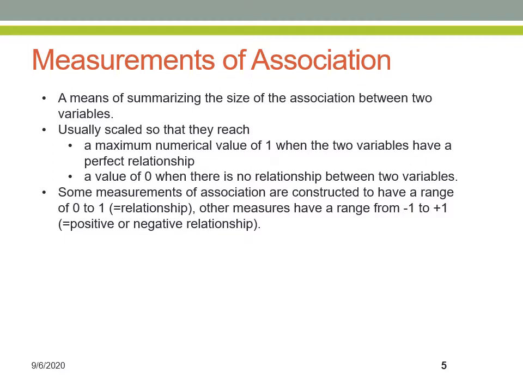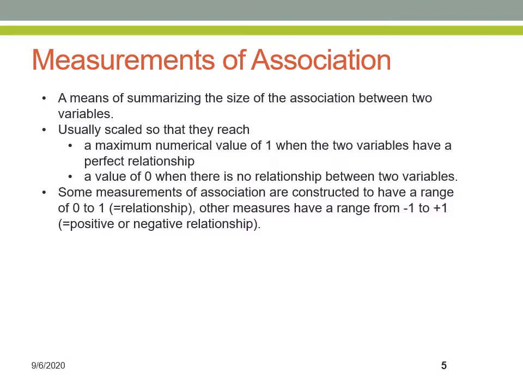Measurements of association are typically a means of summarizing the size of the association between two variables. They are scaled so that their maximum value typically is 1 when the two variables have a perfect relationship. That relationship is typically positive, and a value of 0 when there is no relationship between the two variables.